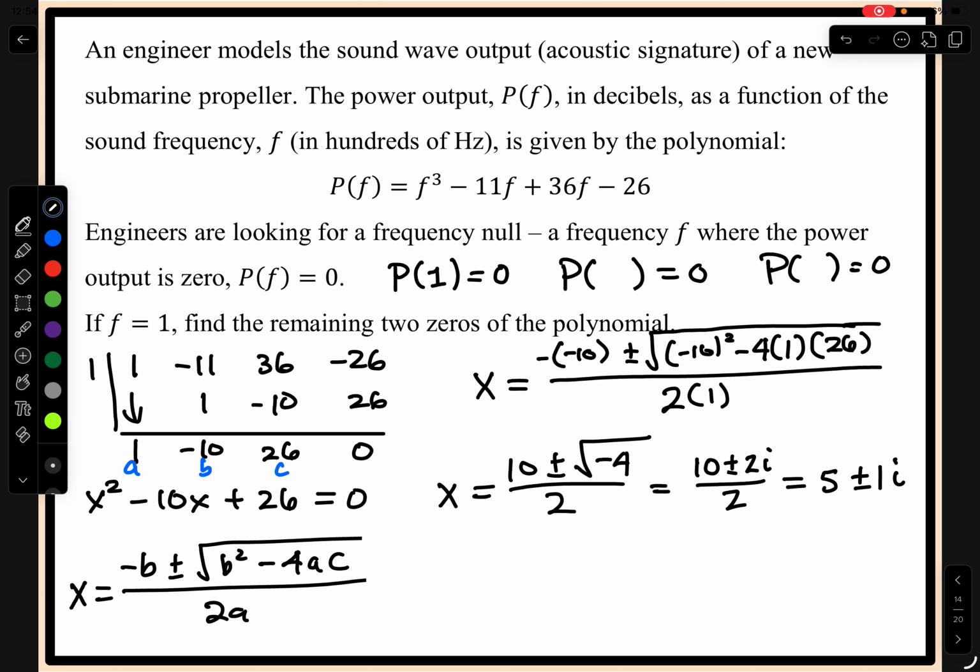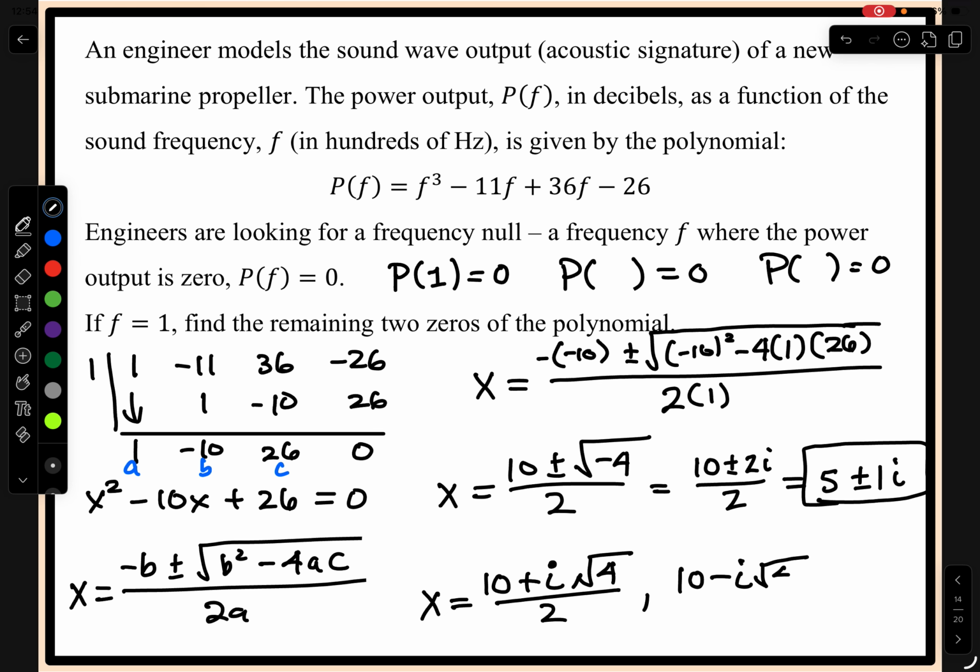So 5 plus or minus i, right there, would be the answer. Now, if you don't want to simplify all of that, you do have to get rid of the negative sign inside the square root, and write it as 10 plus i times the square root of 4, and 10 minus i times the square root of 4, divided by 2.